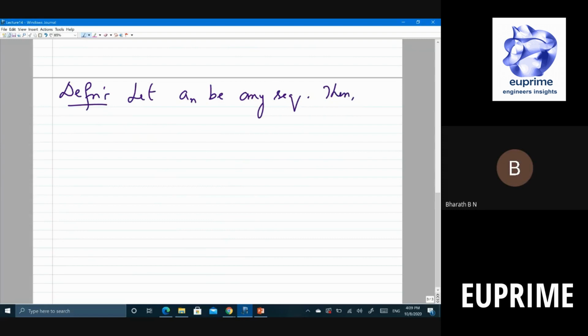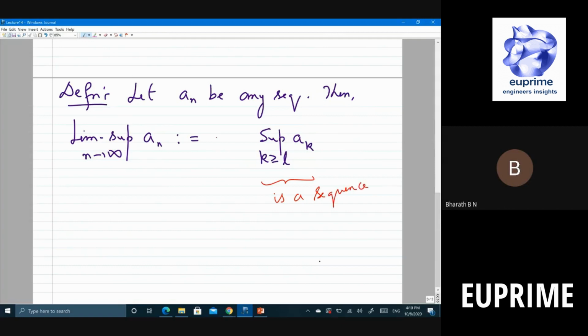Then lim sup as n tends to infinity of a_n is defined as follows: I will take this a_k, and take the supremum over all k greater than or equal to, let's say, L. For example, L equal to 1 gives the entire sequence, L equal to 2, you start from the second one, third one, and so on. You get a sequence. So this itself is a sequence.